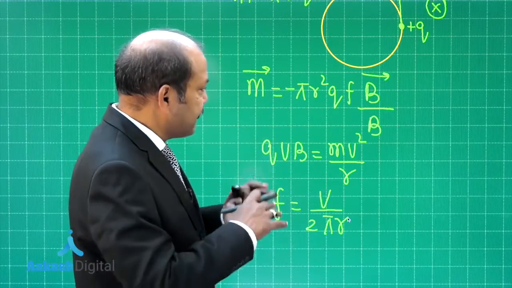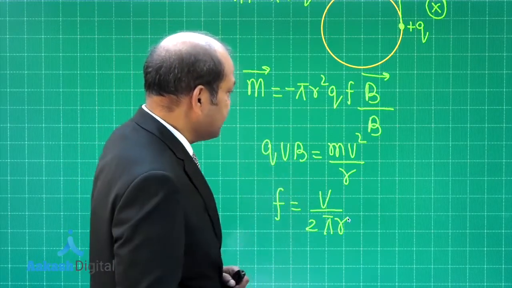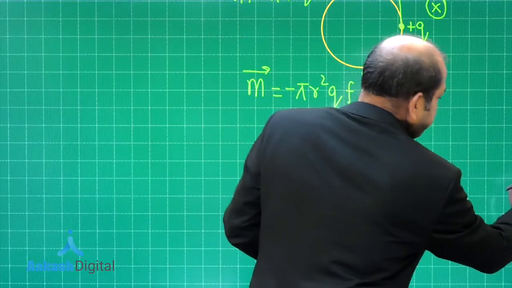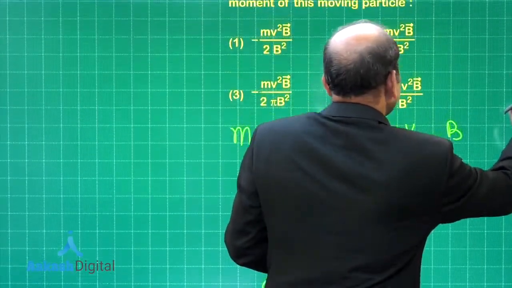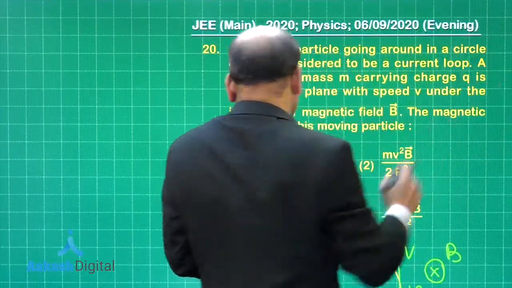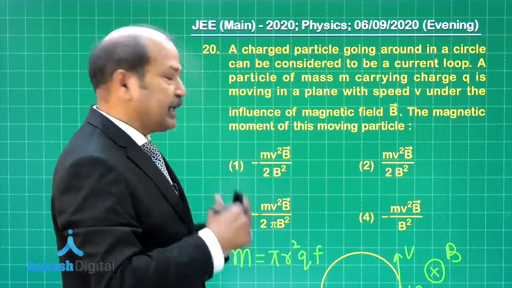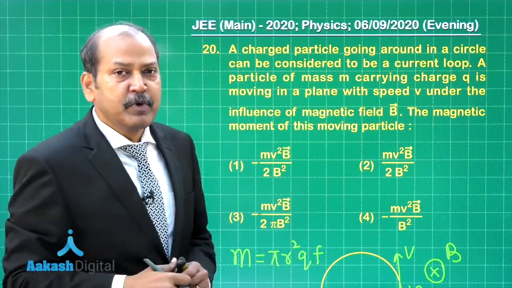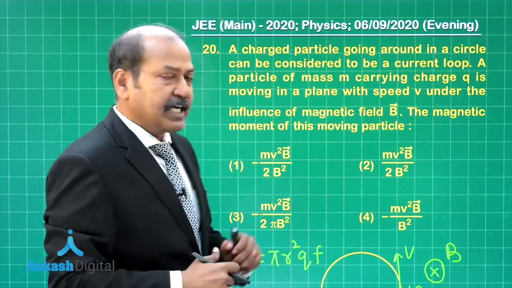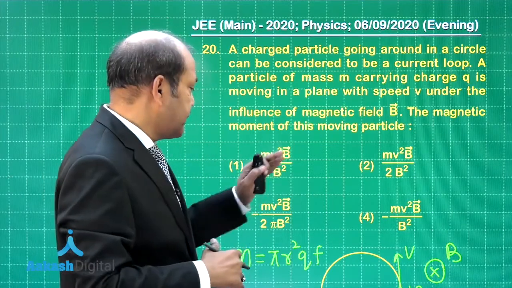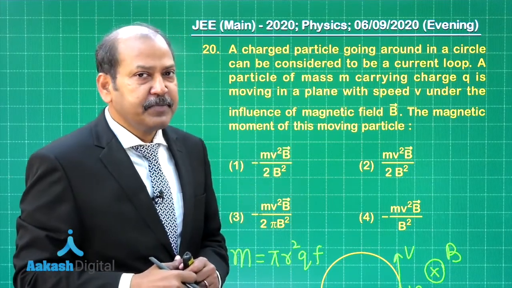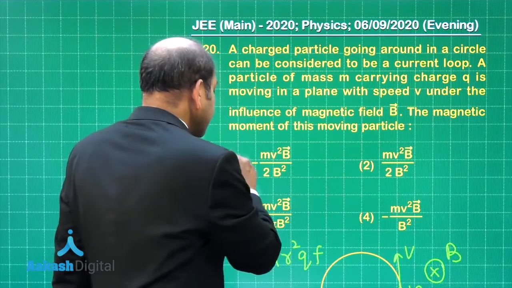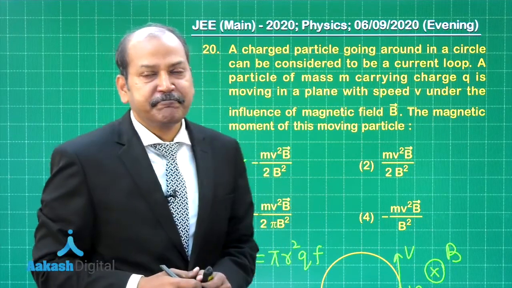With the help of these equations, we can eliminate other terms, and after those manipulations the magnetic moment vector comes out as minus m v square vector B divided by 2 times B square. That means option 1 is correct for question 20.